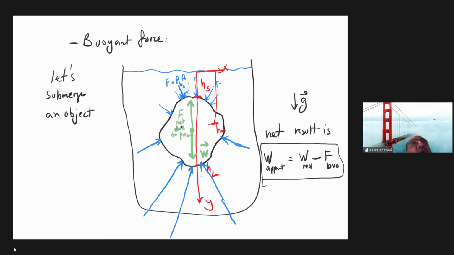It's this apparent weight because there is a little bit of buoyant force on us due to the air that is around us. But in a liquid, a cup of water or a pool, those forces are much, much larger, and I'll explain why they're larger and how to calculate them.